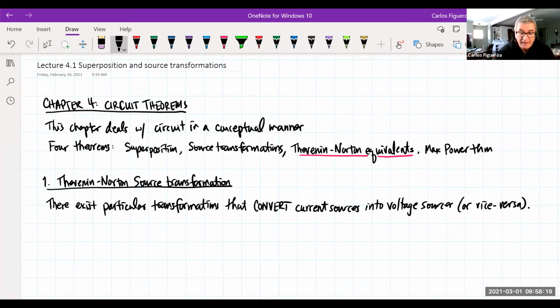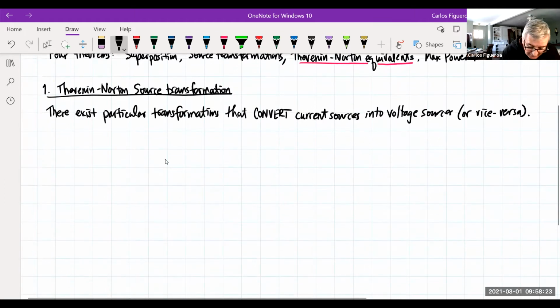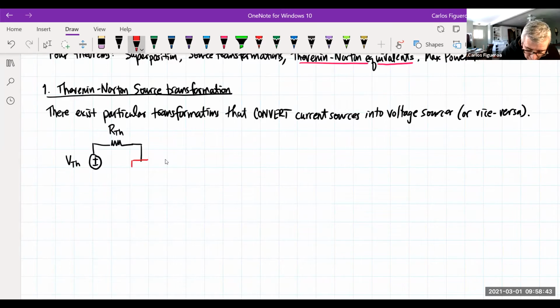So how do I actually see this? The key is that they have to look like this. You have a voltage source that's typically called a Thevenin voltage. And if I have a resistor in series, this is known as the Thevenin resistance. You can have a load right in here, and that load is arbitrary.